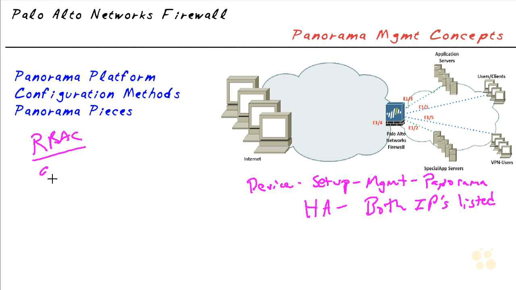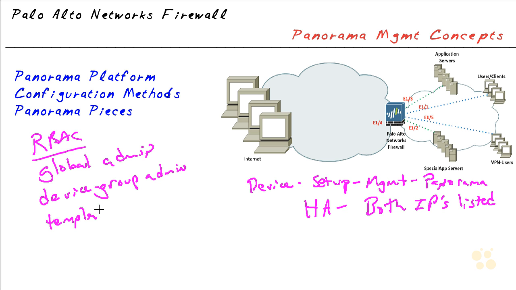We have global admins, device group admins, template admins, and local admins. Each of these is allowed to set up controls that will best match your environment for what things you do or do not want to have in here.